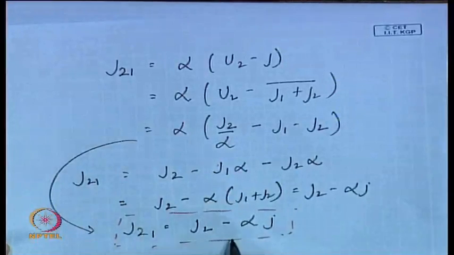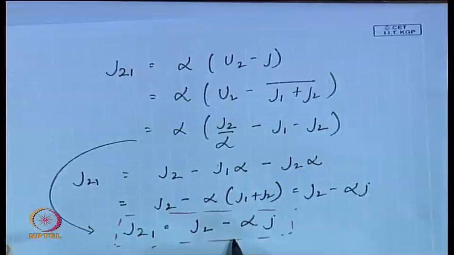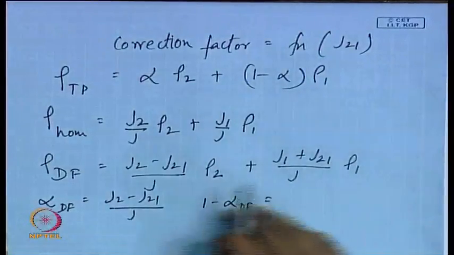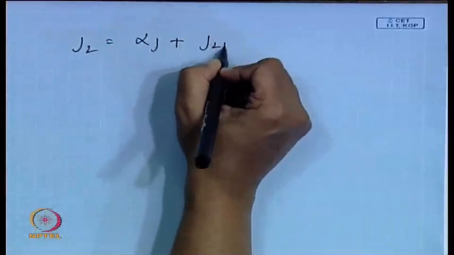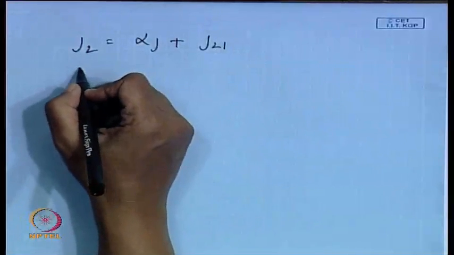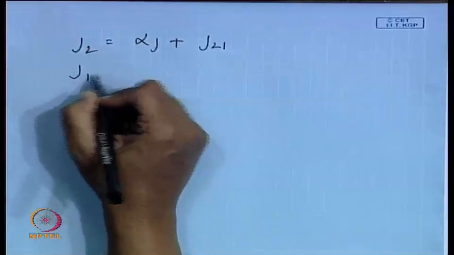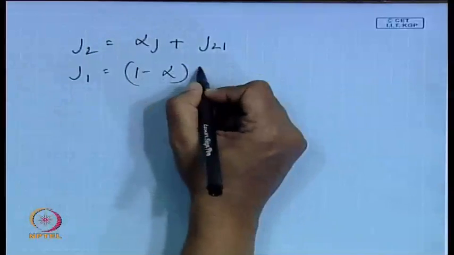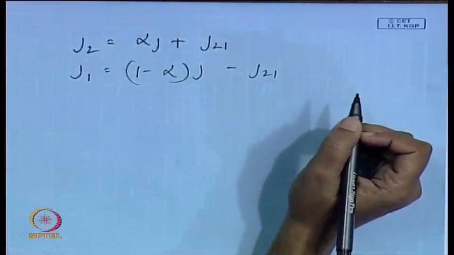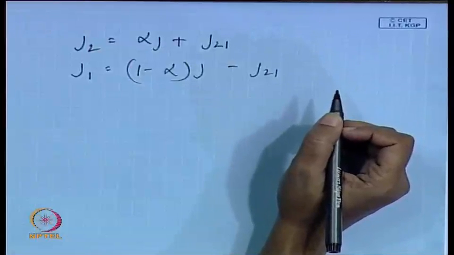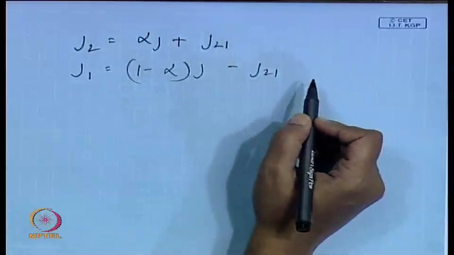Now, if we express it in terms of J1, what do we get? Just like J2 equals alpha j plus J21, in the similar way we can write J1 equals 1 minus alpha j minus J21, is not it? You simply substitute these things and you are going to get this particular expression.